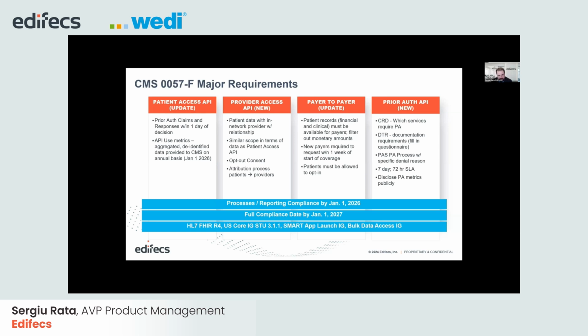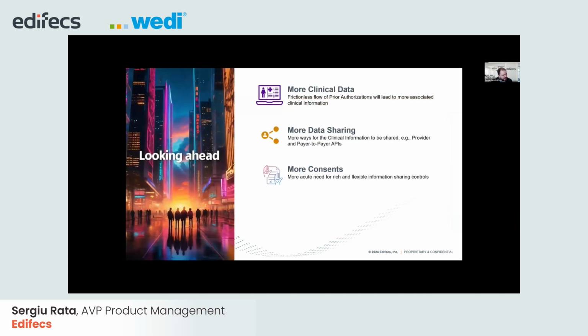There are other statutes, but from a technology perspective, these are the most interesting ones. But one thing people should be thinking about: let's say the date comes, January 1st, 2027. Then what's next? One thing people will realize is that removing the barriers for providers to submit prior authorizations implies that providers will now start submitting more and more clinical data.